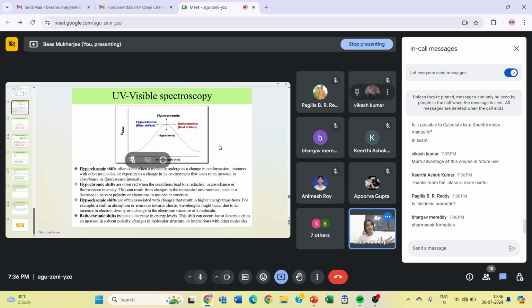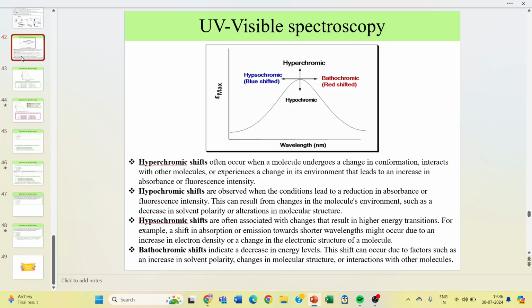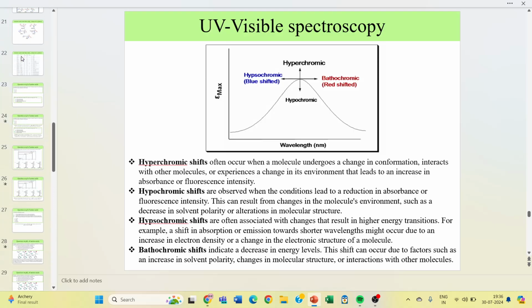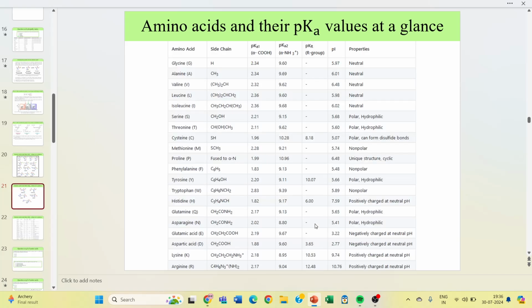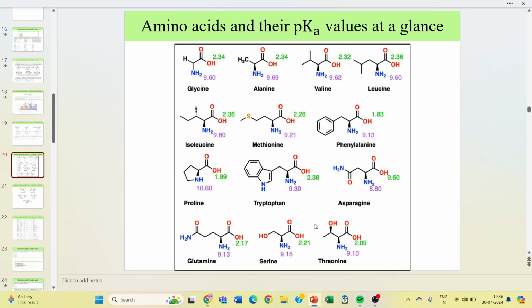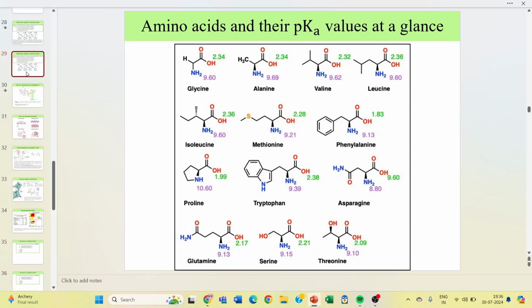So is histidine aromatic? Histidine is not actually classified as an aromatic amino acid, right? Why is that so? Because it does not exactly have this conjugated double bond structure. Look at histidine. Where is histidine? It's not here, but we saw a structure of histidine.